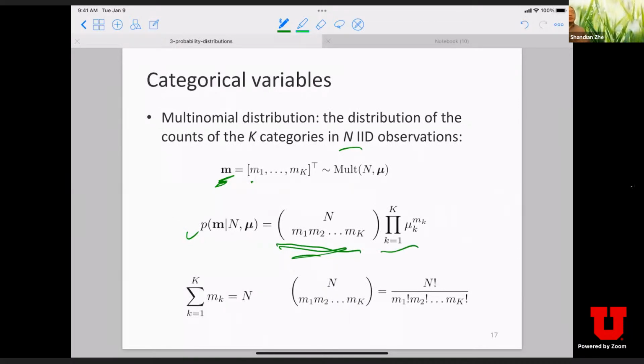Then for each particular such experimental result, what is the specific probability, which is simply a categorical probability. And this is the definition of this combinatorial number.